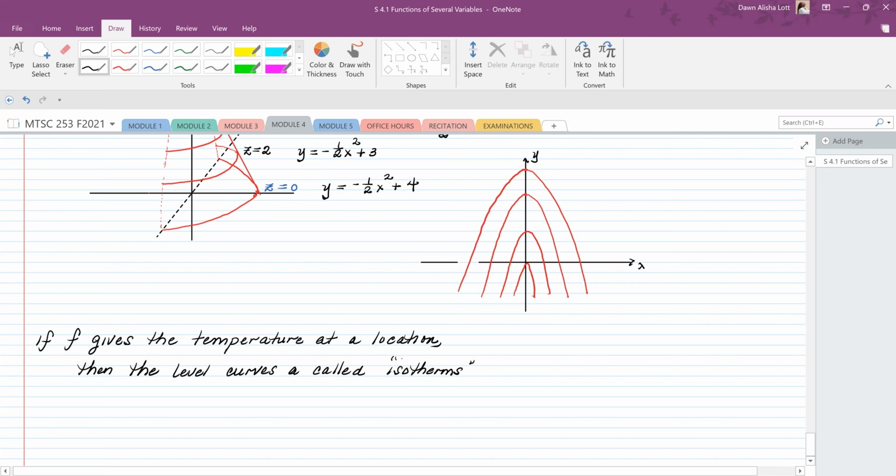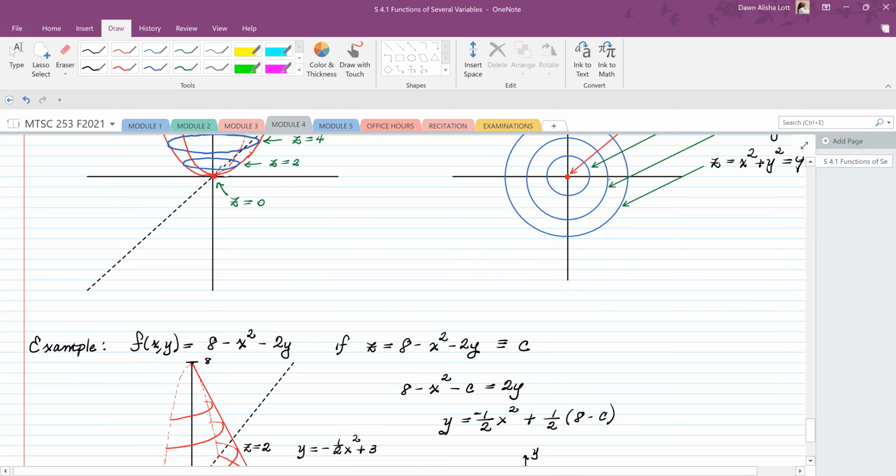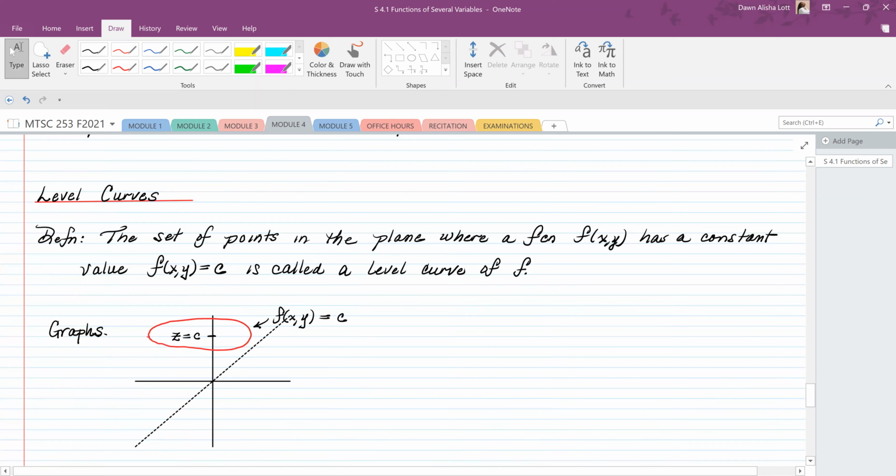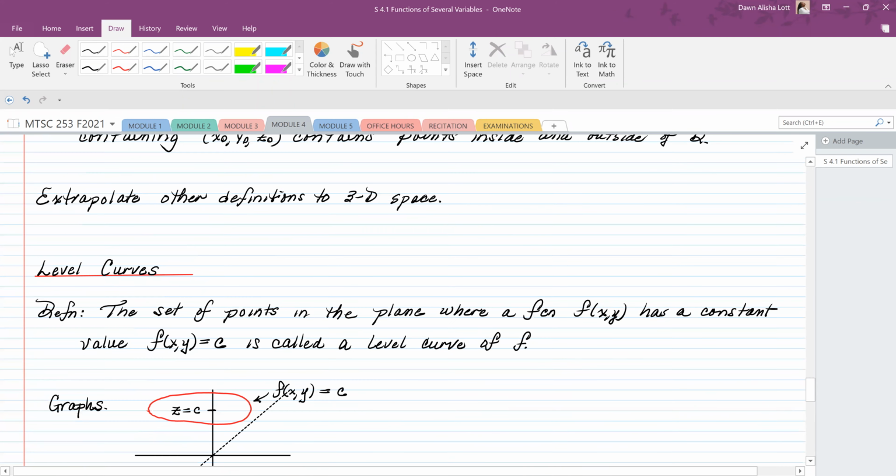And you've seen those on the weather map. Those are pretty easy. So those are level curves. Level curves come from functions of two variables.